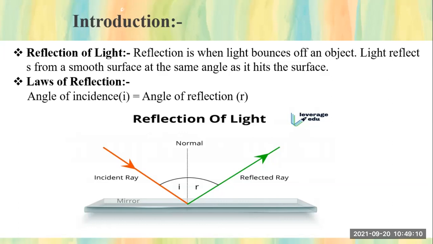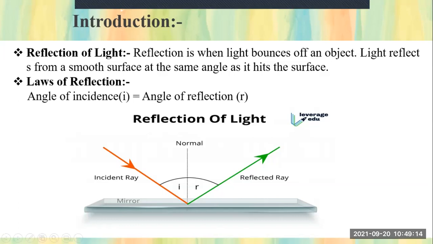Now see, the first line, that is reflection. Reflection is when light bounces off an object. Which object, students? Light reflects from a smooth surface.